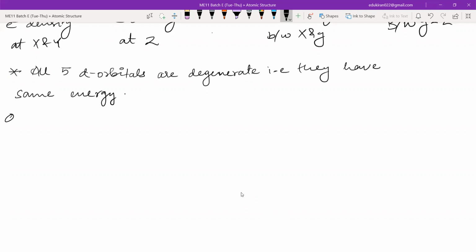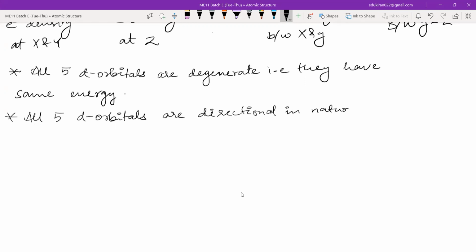Now write a question. Also, one more point we can write now. All the 5 d orbitals are directional in nature. Now write a question.